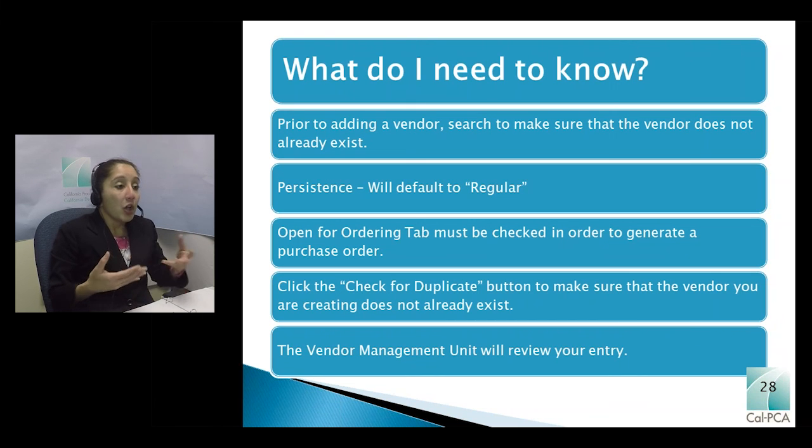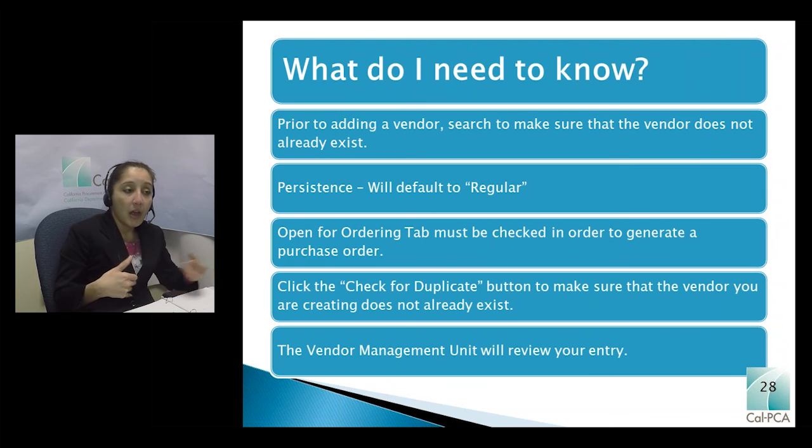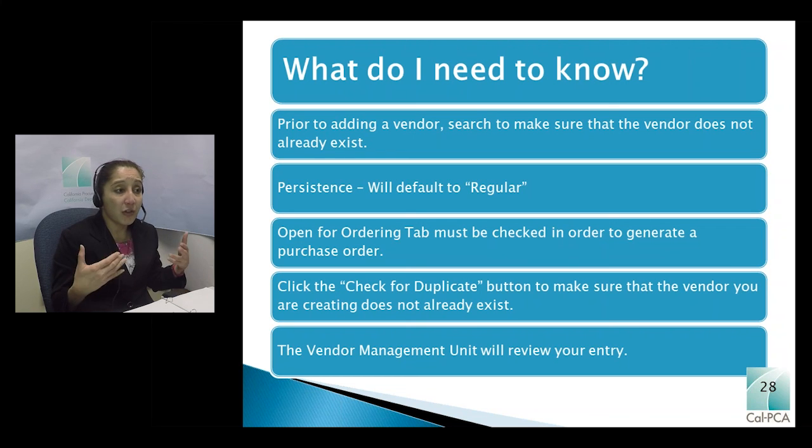Here's why. We may be used to calling a vendor by one name. We may not know that the vendor's actual, official name begins with the word "the." So if you don't use the contains, you're not going to find the vendor because you're not using the word "the" in front of their name. Begins with is looking for any vendor that begins with the word you are using.